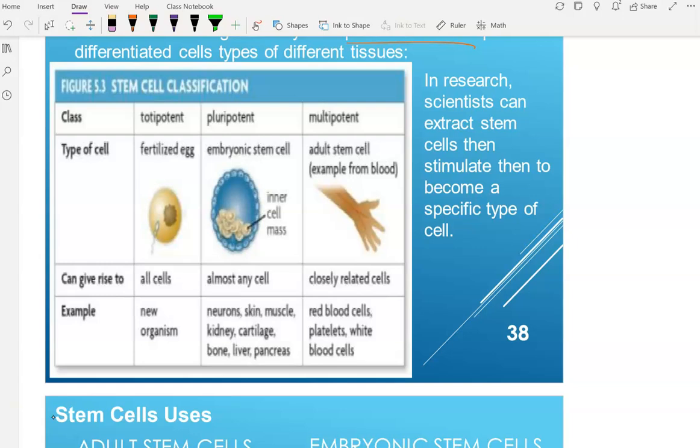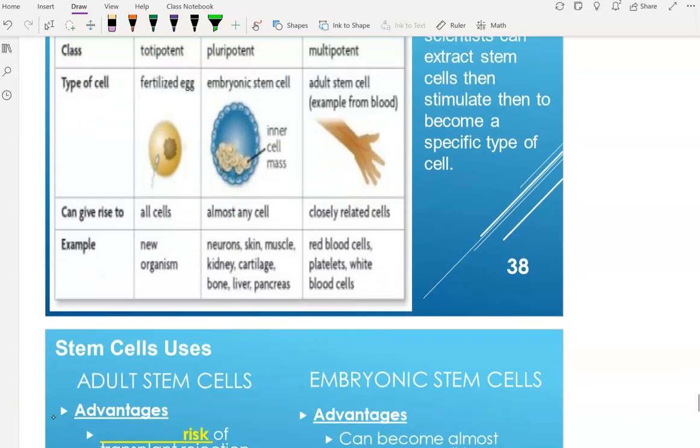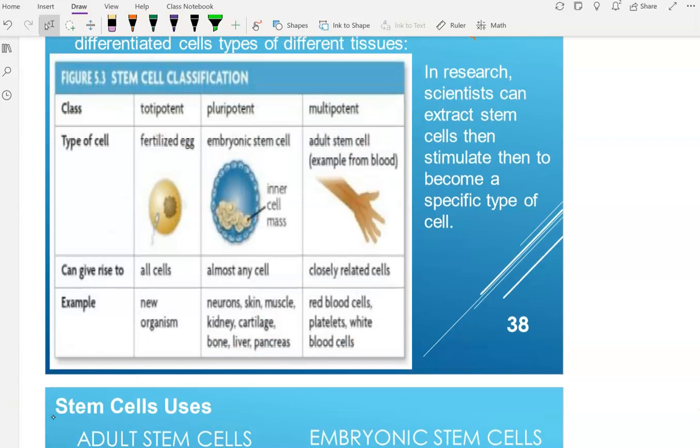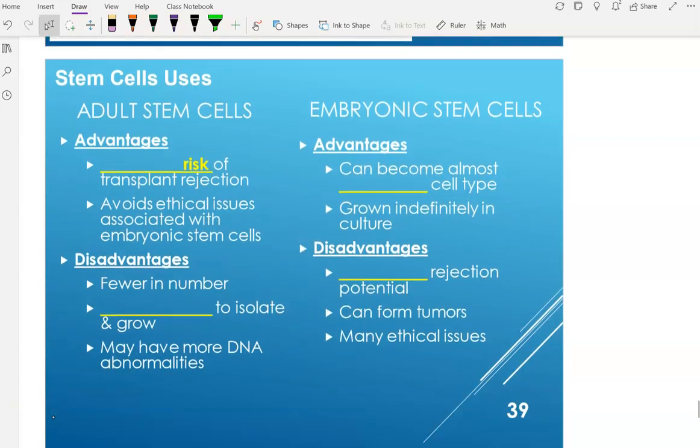In research, we can extract stem cells from different areas and make them become a specific type of cell for whatever a patient might need. I'm going to summarize the differences between these on the next slide.